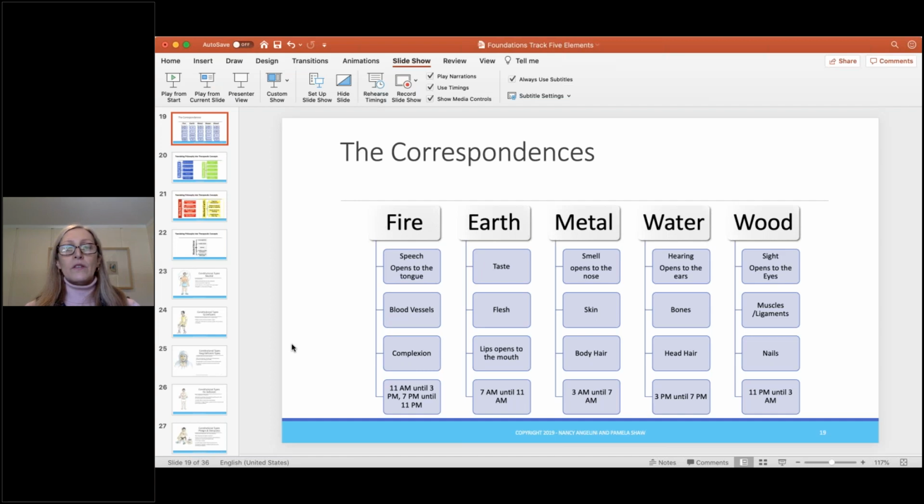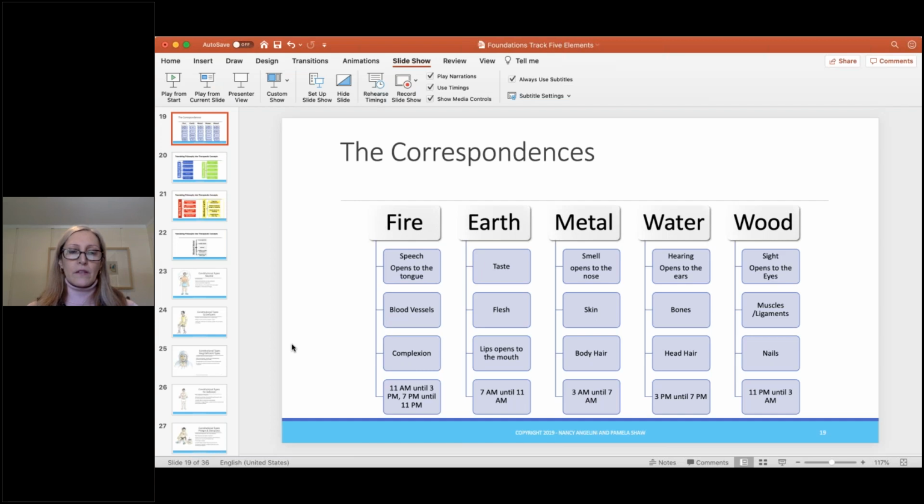And the earth is taste, how it tastes. It's our flesh on our body. It's the lips, right? And the earth opens to the mouth. And the time during the day is 7 a.m. until 11 a.m., and that's the stomach and the spleen, also known as the pancreas.